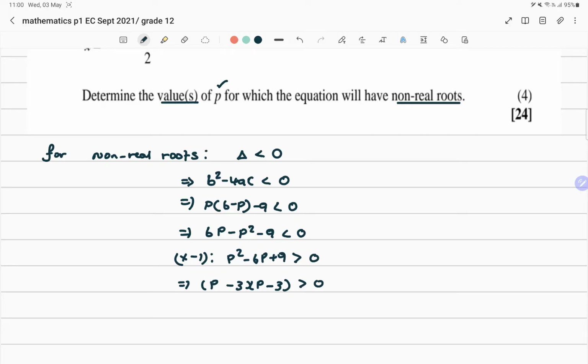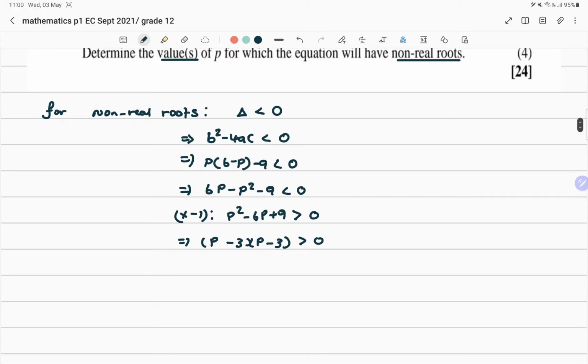Same way as you do the issue above. Okay, so let's just use something different just for fun. So we're going to take our binomial factors and say p minus 3, but I mean this is p minus 3 all squared.